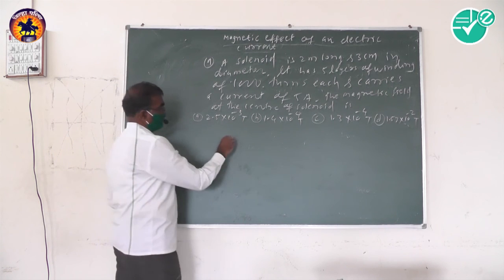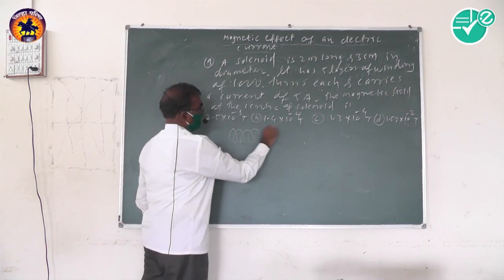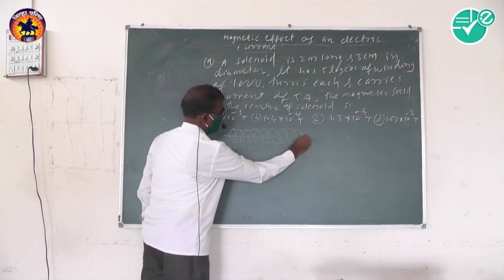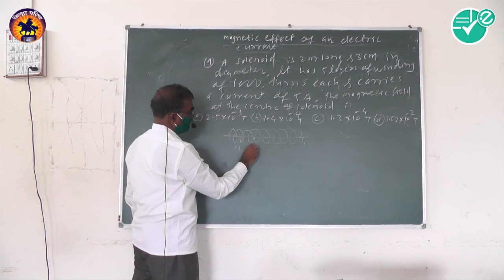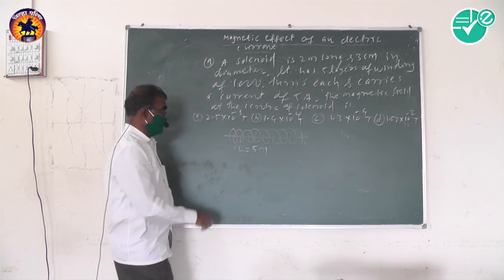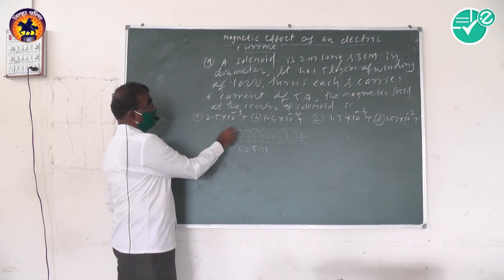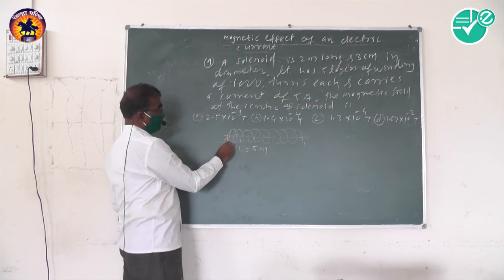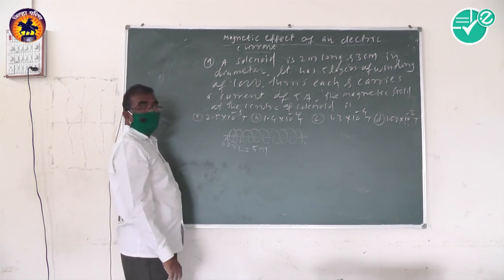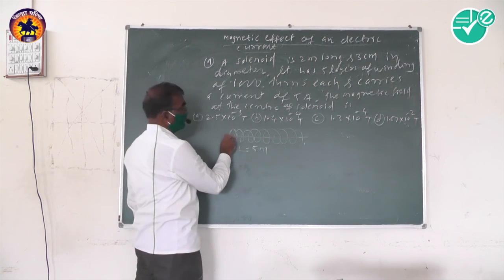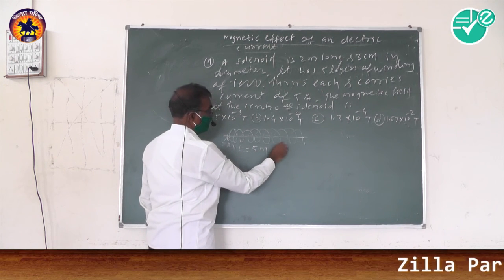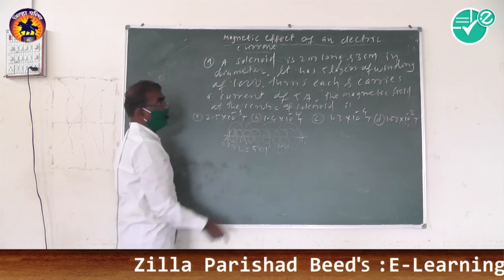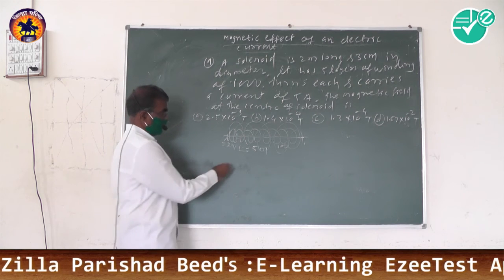A solenoid: the length of the solenoid is 2 meter and the diameter of the solenoid is 3 centimeter. It has 5 layers of winding. The number of turns in one layer is 1000.